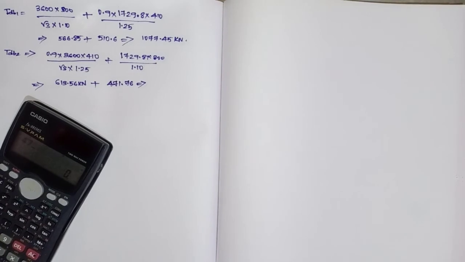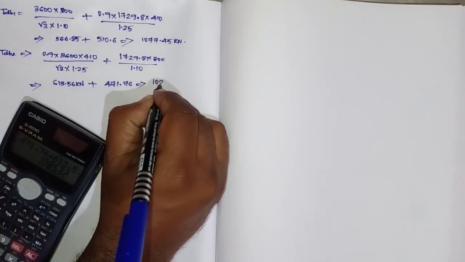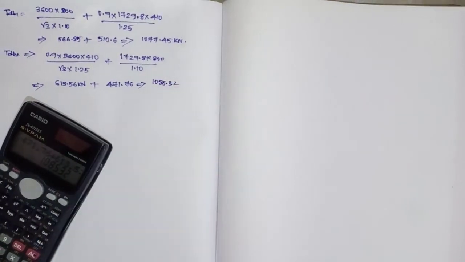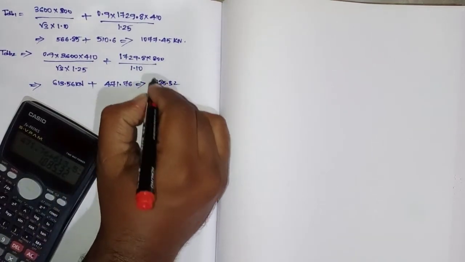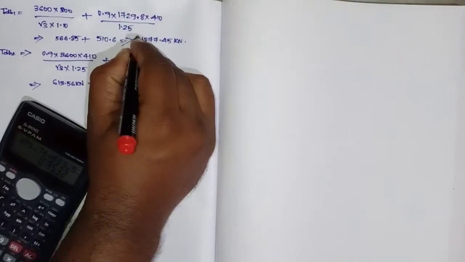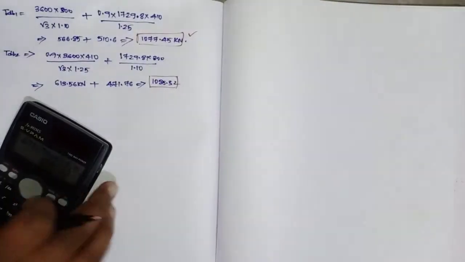So 471.76 plus 613.56, 1085.32. Now from these two, the lesser value is this one.